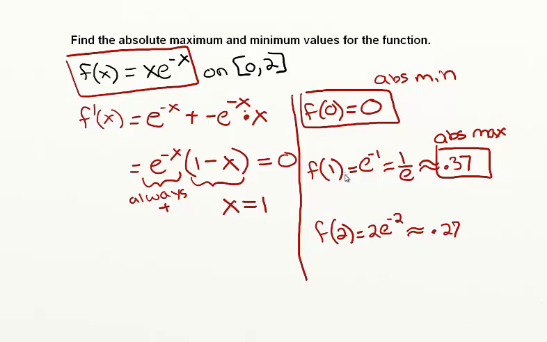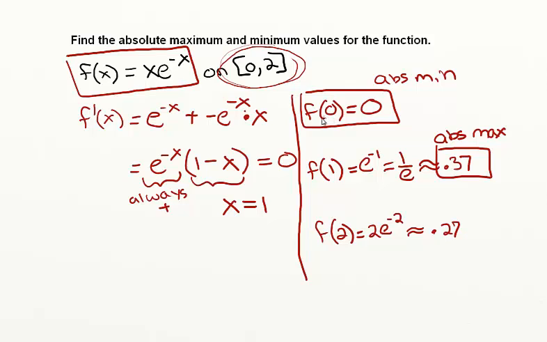Now you might wonder what's the difference between this and using the first and second derivative tests. So the closed interval method is obviously for a function on a closed interval, like what we have here, and we use this to find the absolute maximum or minimum.